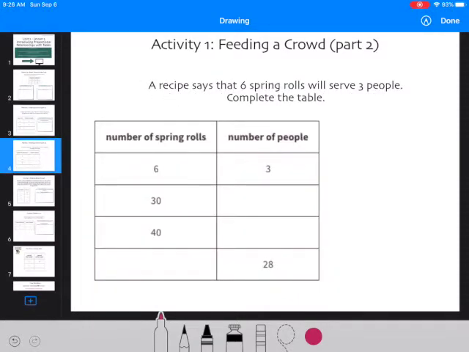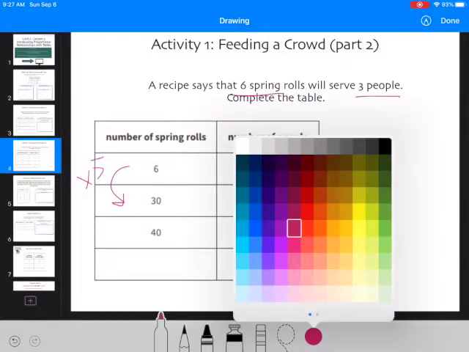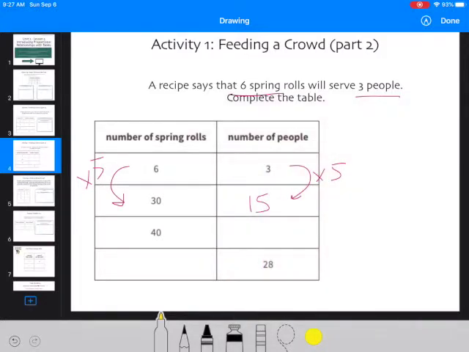Then it says, a recipe says that 6 spring rolls serve 3 people. So again, I'm thinking 6 times what gives me 30? 6 times 5. So 3 times 5 would be 15. So then I have to think, is there another way to fill in the table?